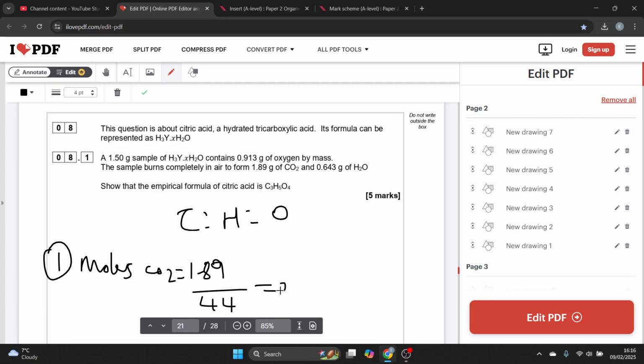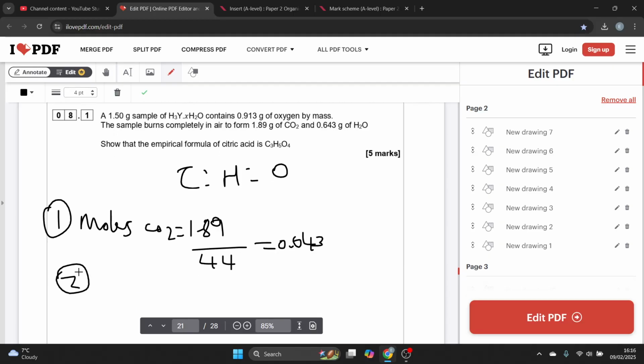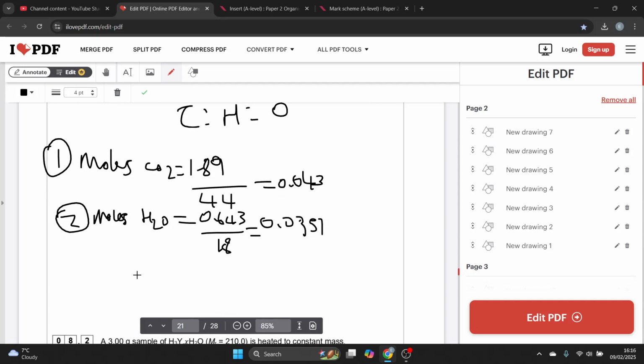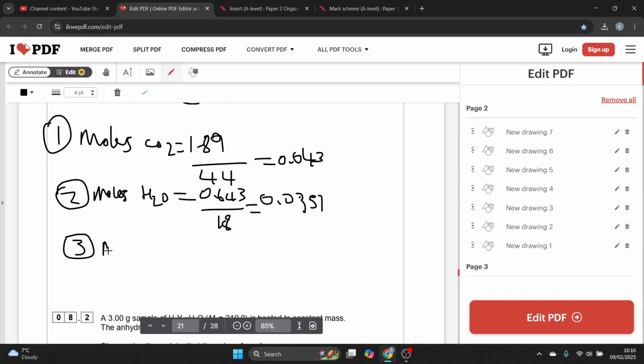That will give you 0.043 moles. Then I can work out the moles of H2O, which is 0.643 divided by 18. Even if you don't know what you're doing, you can get easy marks by just working out the moles. So 0.0357, 2 marks already.